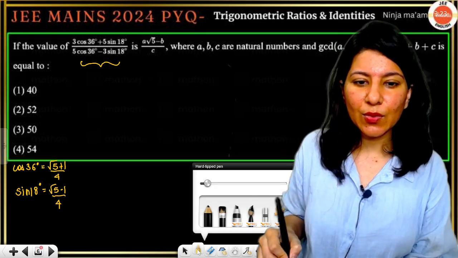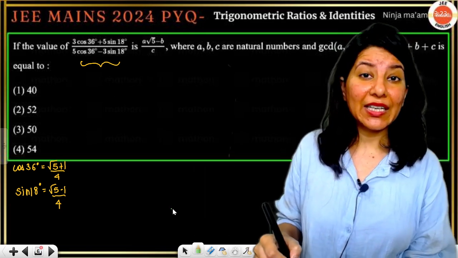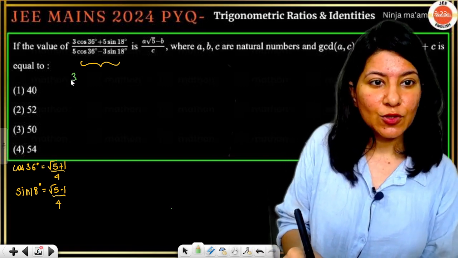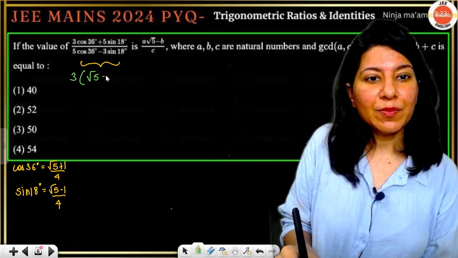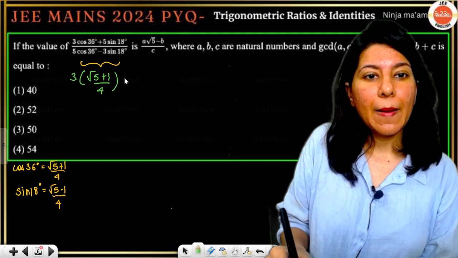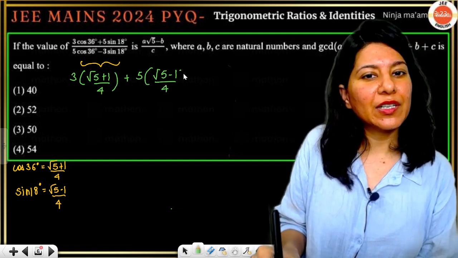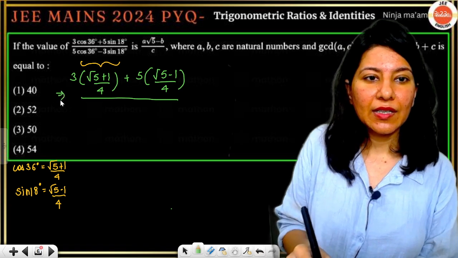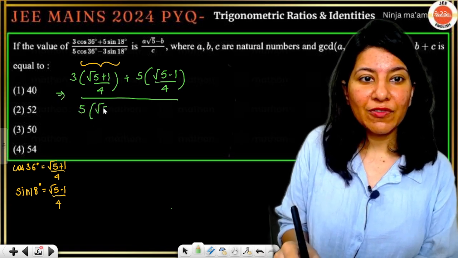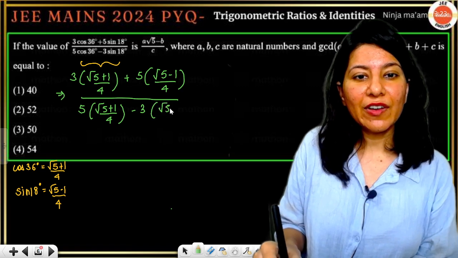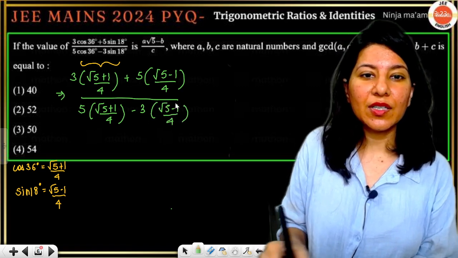The beginning part will be like this only. We have to plug in, rationalize and solve as much as possible. So 3 into (root 5 plus 1) by 4 plus 5 into (root 5 minus 1) by 4, whole upon 5 into (root 5 plus 1) by 4 minus 3 into (root 5 minus 1) by 4. Perfect.